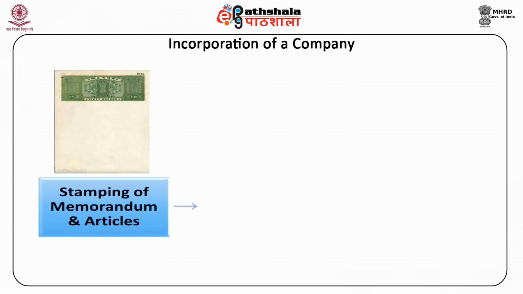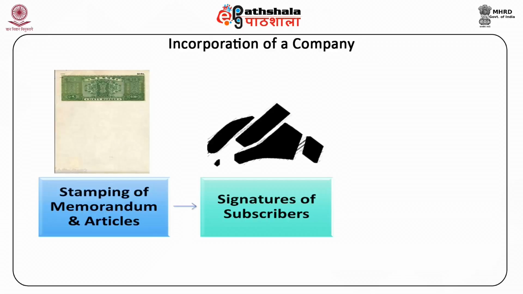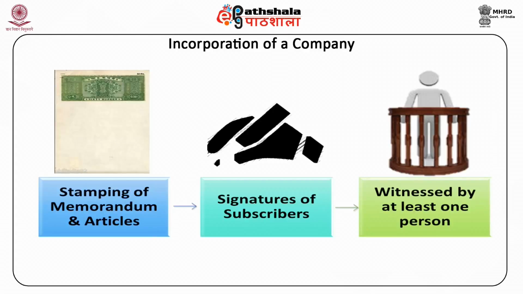Get the Memorandum and Articles of Association signed by at least 7 subscribers, however 2 in case of private company, each in his or her own hand, with his or her father's name, occupation, address, and the number of shares subscribed for, and witnessed by at least one person.